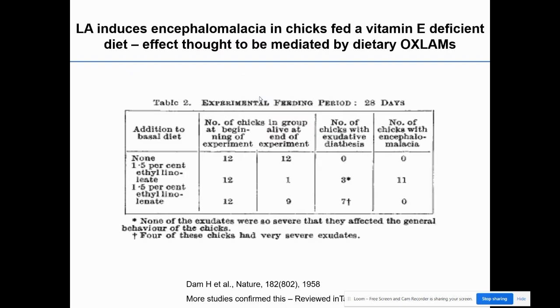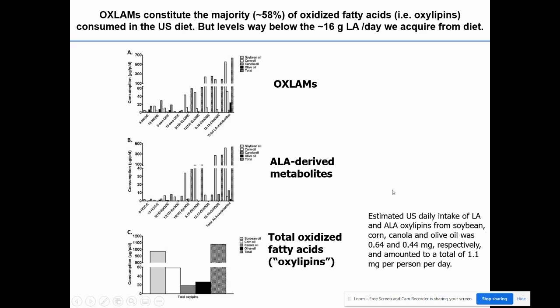In our estimates, we concluded that per day in the US, we get about 0.64 milligrams of OXLAMs. And the total amount of oxidized fatty acids, also known as oxylipins, is about 1 milligram. Compared to that, we get about 16 grams of LA.